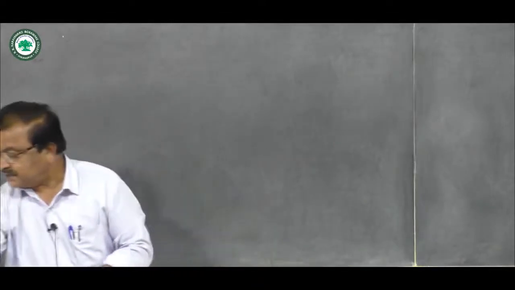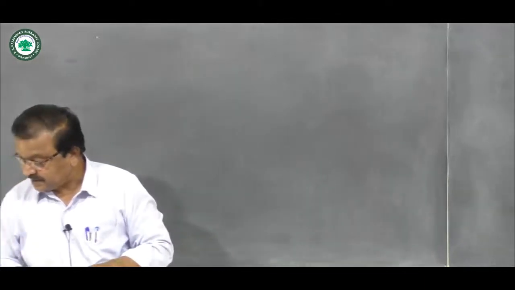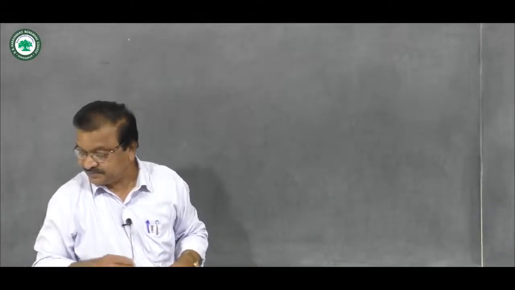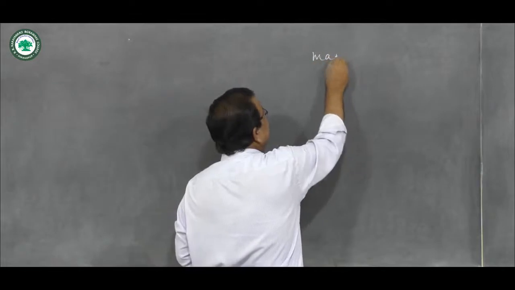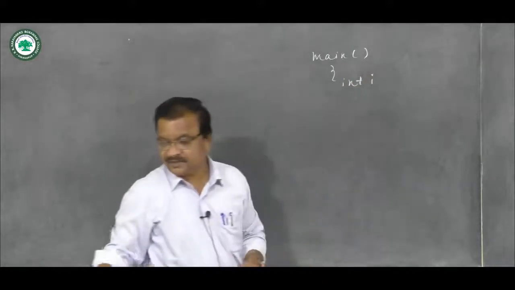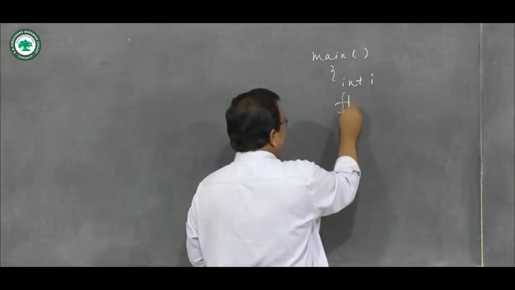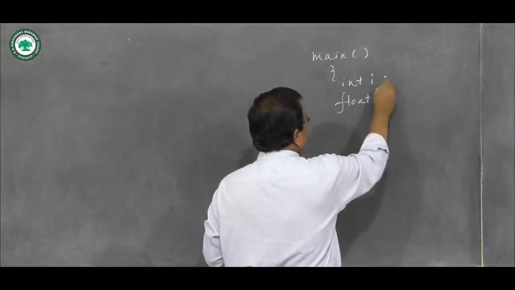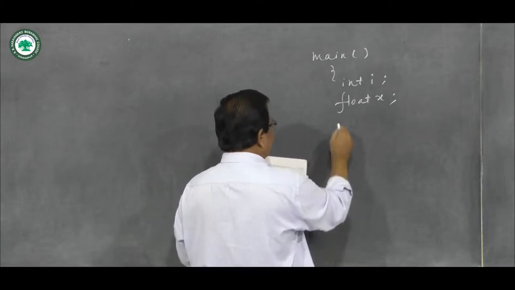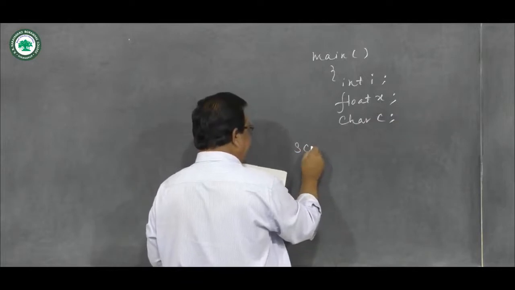Here is another example of how one can enter various data items. Here I am writing main, int i, float x, and char c. I am declaring i as an integer type variable, x as a floating type variable, and c as a character type variable. And here I am writing scanf.